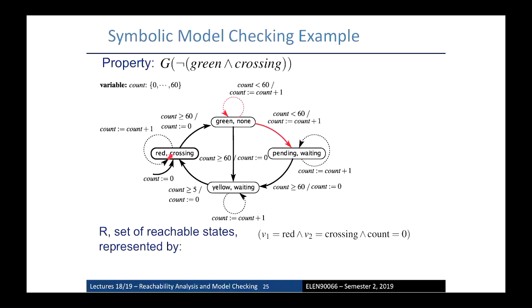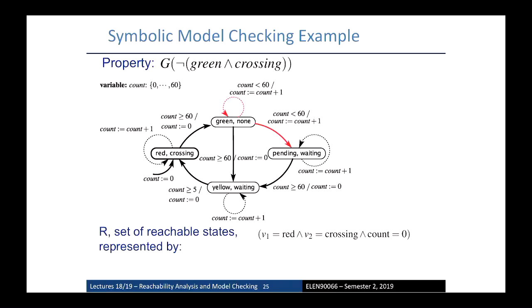So, for instance, if you remember, when we observed this state here, because of this self-loop here, we've got one state, the joint state, but because this count is increasing and this guard is not satisfied unless count is greater than or equal to 60, we essentially have 61 unique states in there. Extended state machines just hide the fact that there are really a lot of states there, right? We hide it in a variable.